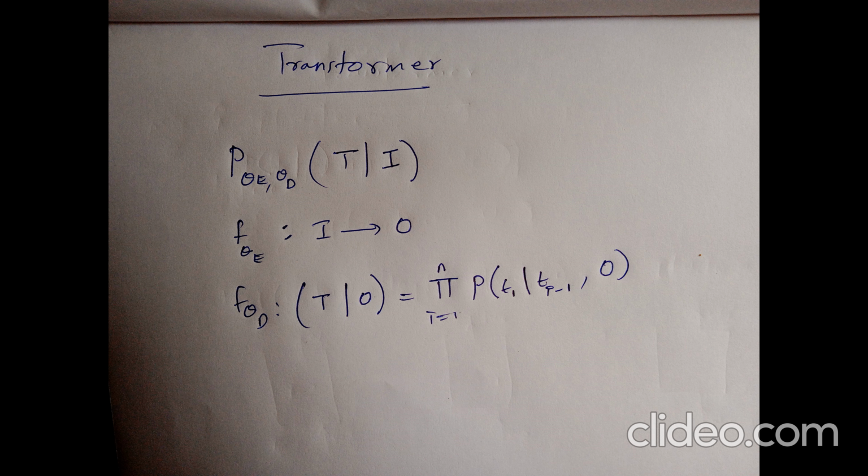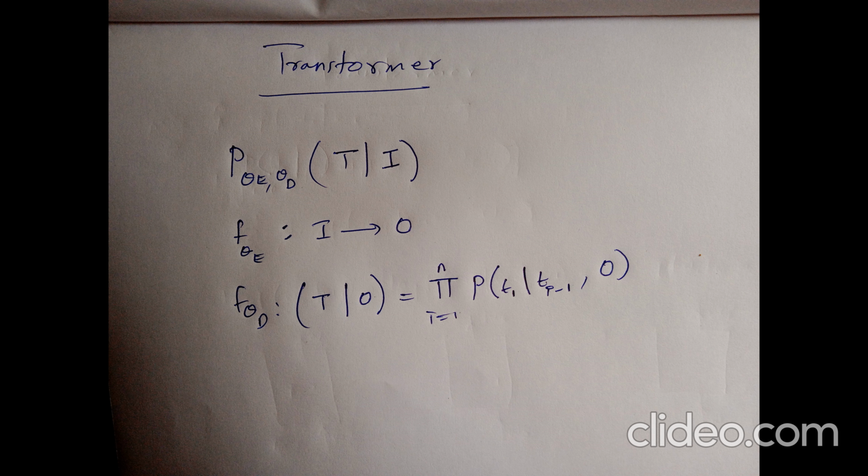So fundamentally, a transformer is a probability distribution of the target given the input I, parameterized by two sets of parameters, theta e and theta d. The encoder is basically a function which takes as input a sequence of word embeddings and converts it into a sequence of other word embeddings.